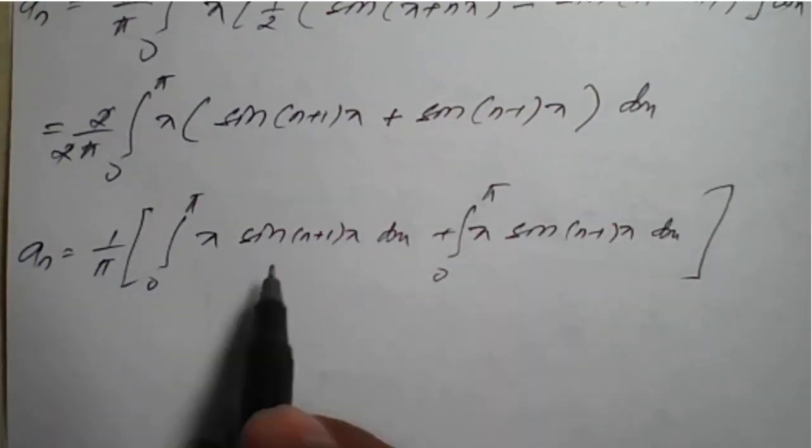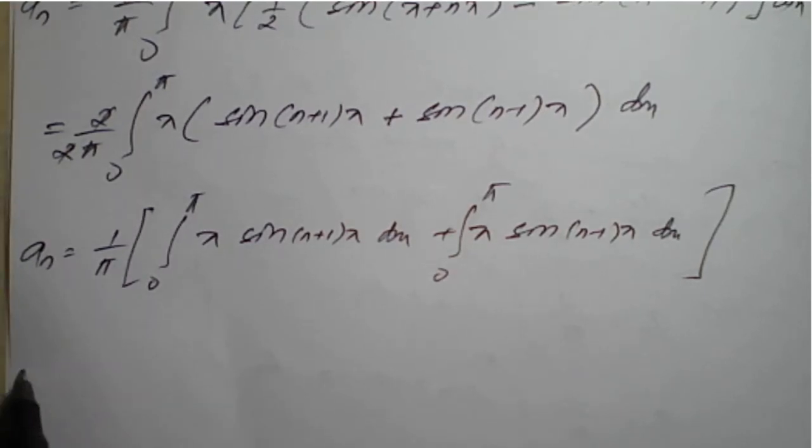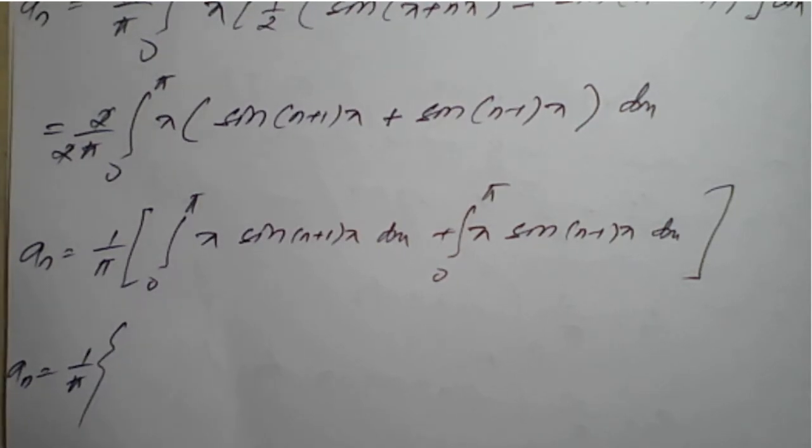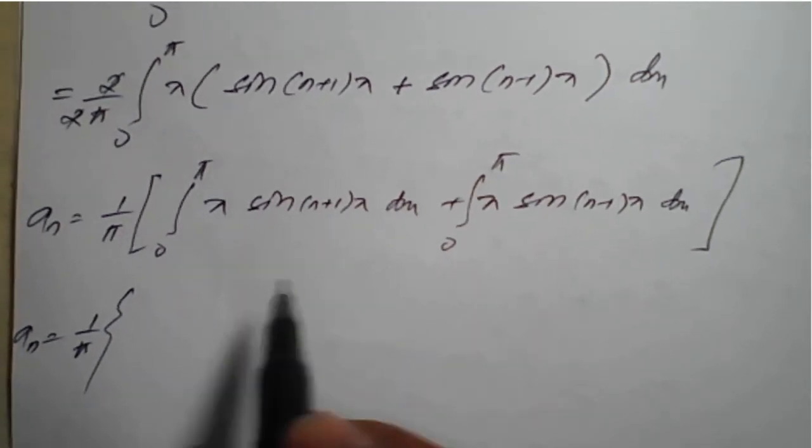So two integrations, means two terms. I have separated the integral, so a_n is equal to 1 upon pi commonly, and we'll need to apply Bernoulli's formula for both.